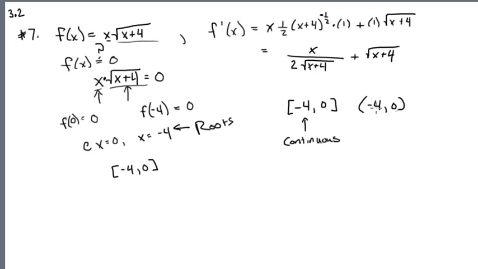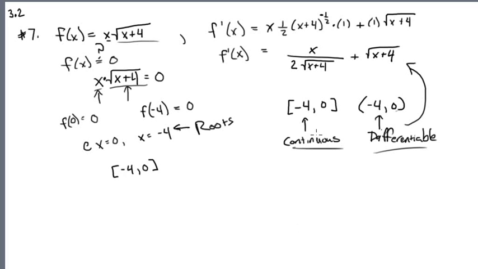But it's any number greater than -4, going all the way up until 0. So I can put every number into my derivative and get out another number. So this implies that it is differentiable. It's continuous on the closed interval and differentiable on the open interval.